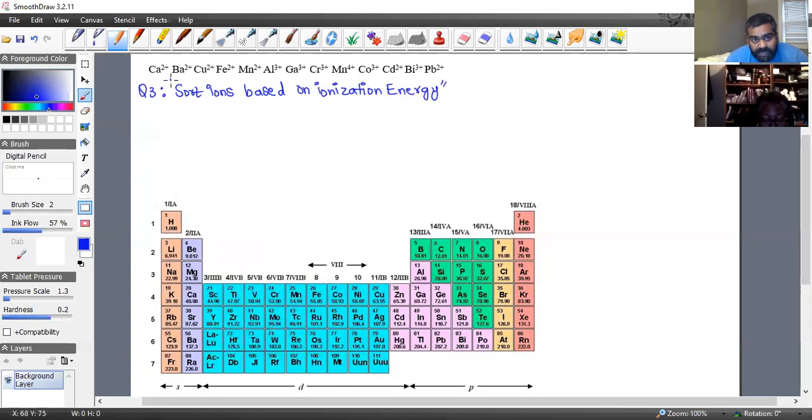There are 2 basic rules, just like we did for size. The second rule is actually the rule for ionization energy, which is that ionization energy increases left to right and decreases top to bottom. I'm writing shorthand because I need all the space I can.